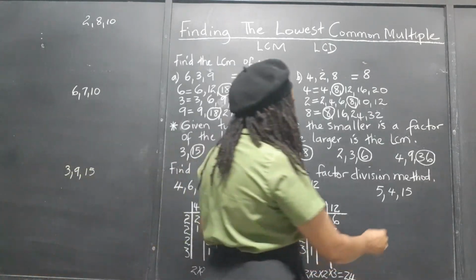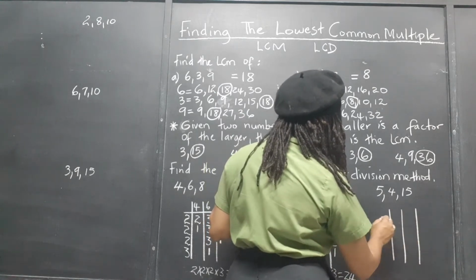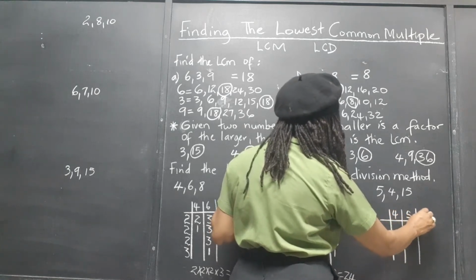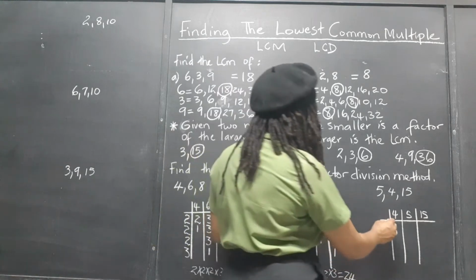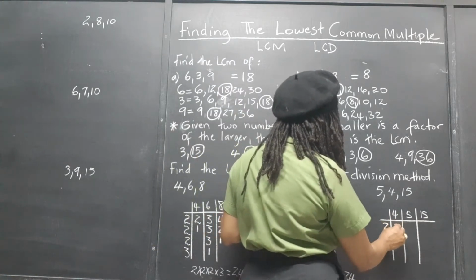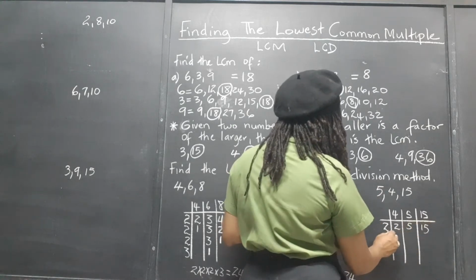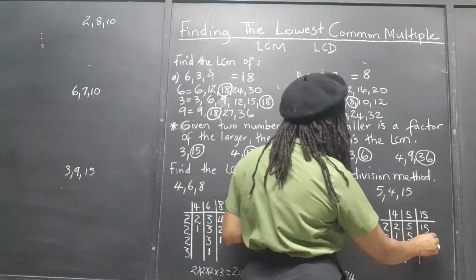Let's try 5, 4, and 15. 4, 5, 15. Okay, so let's try 2. 2 into 4 goes 2 times. 2 can't go into 5 or 15. 2 into itself once. 2 can't go into 5 or 15.